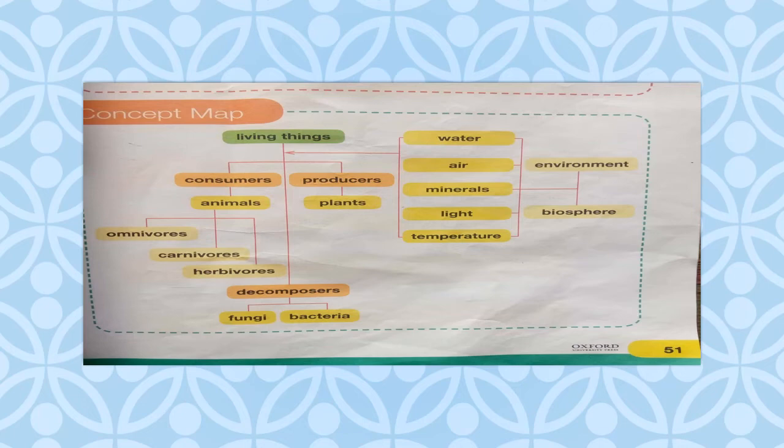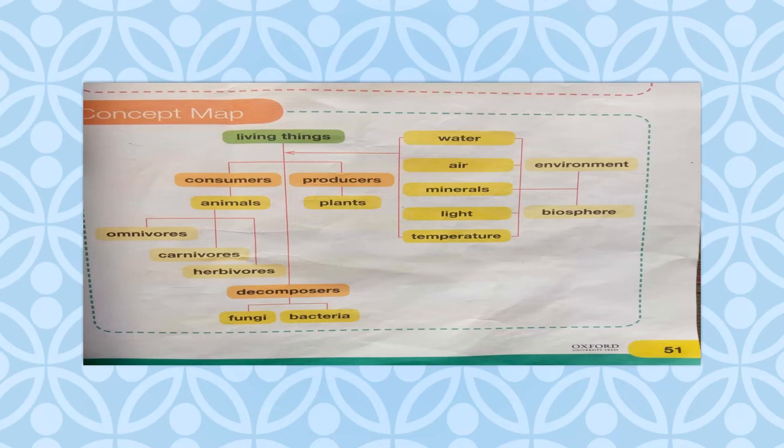We are basically dividing the unit living things and their environment into two categories, or two kinds, you can say. One is living thing and the other one is environment. Environment is being divided into further five steps, and living thing is being divided into further more steps or factors.